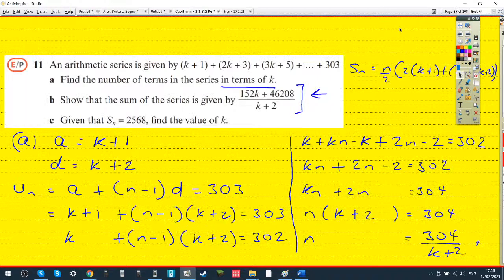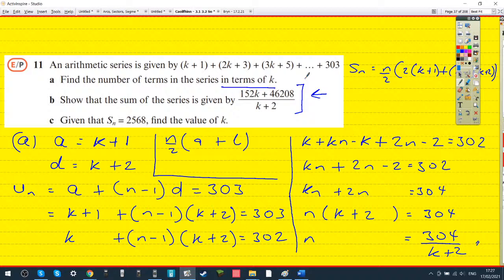A very simplified version of the formula, which I'm sure I'll regret showing you, is n over 2 first plus last. The last term is a plus n minus 1d, and that ends up being 2a plus n minus 1d because you already have an a.